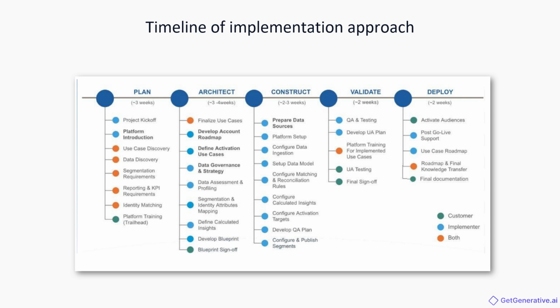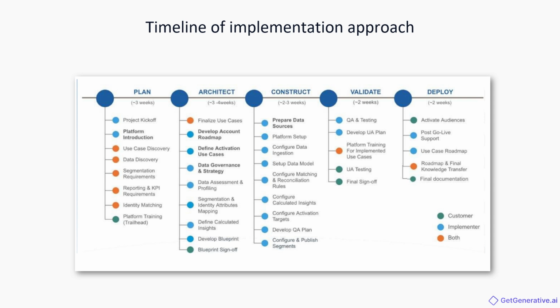Then the architect phase comes in where we finalize the use case, and then we start documenting this in detail, where you're defining the roadmap, the activation use cases, your data governance, your data assessment and profiling, segmentation and identity resolution. If there's any calculation that needs to be done, developing it all as a blueprint, and finally getting a sign off.